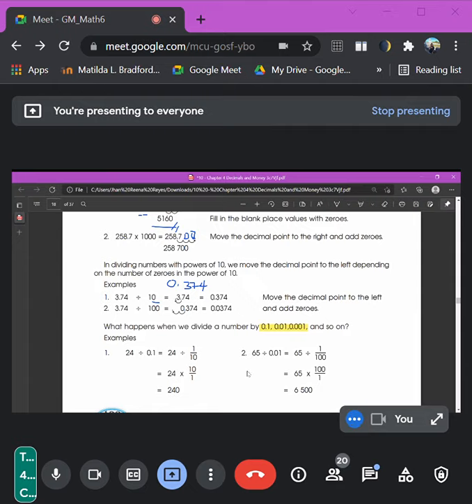So, if you can still remember, when we multiply or divide fractions, you're going to change the division symbol into multiplication, and then 1 over 10 will become 10 over 1. So, this is a fraction.